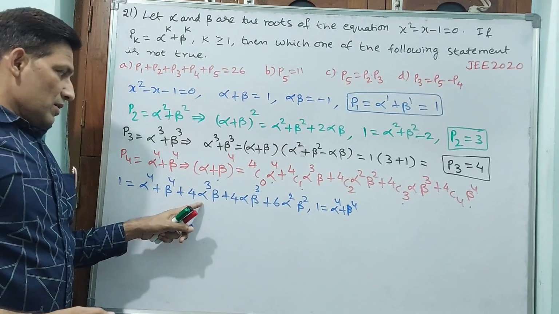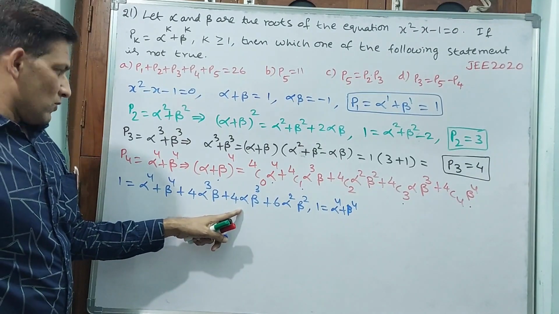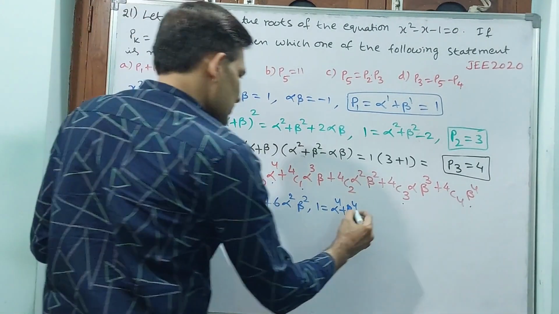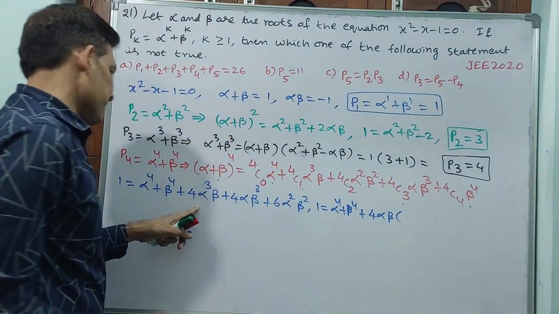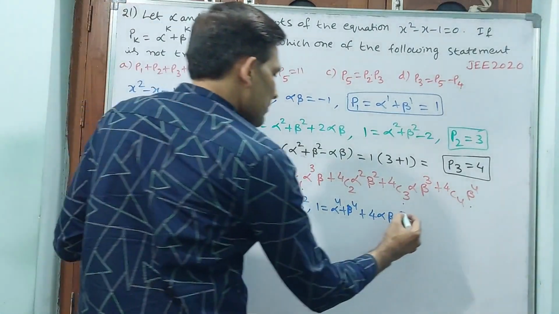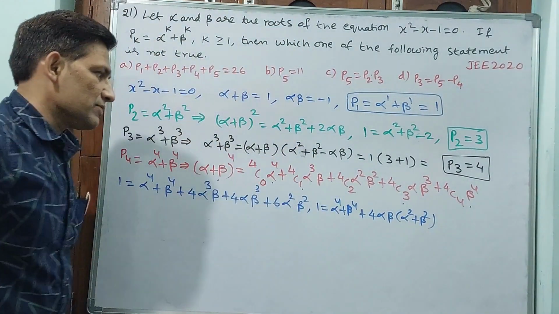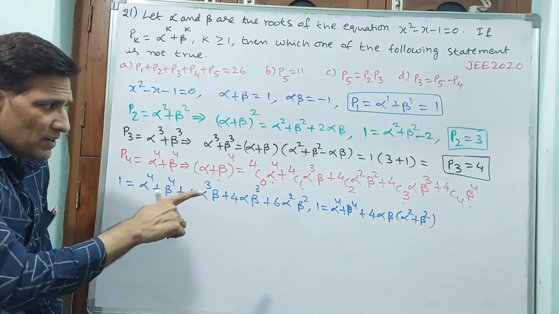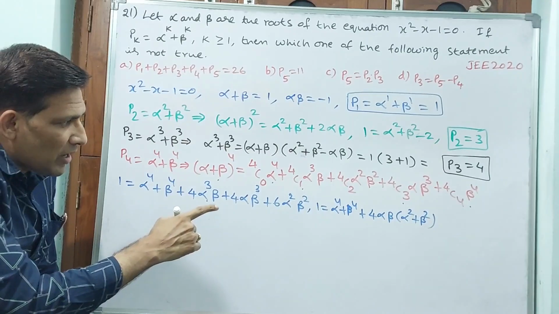See, here 4 alpha square, no, 4 alpha beta I will take common. Plus 4 alpha beta, if I take common, then alpha square plus beta square. Is it okay? First you see, first term 4 alpha cube beta, second term 4 alpha beta cube.